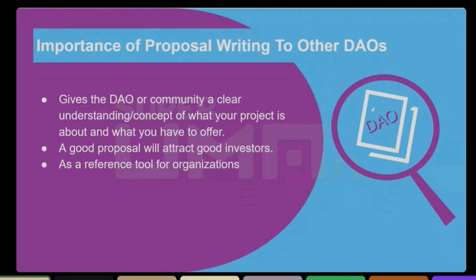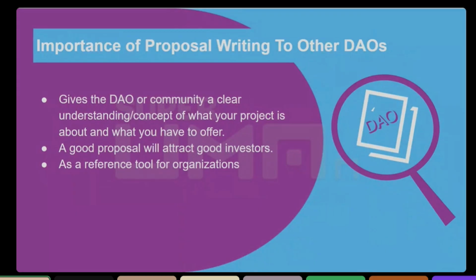Then it's also a reference for organizations or DAOs. This means that let's say there's a weekly report or a monthly report on a project they're working with. They could simply refer to the proposal we wrote, or maybe they want to check how the DAO is going.